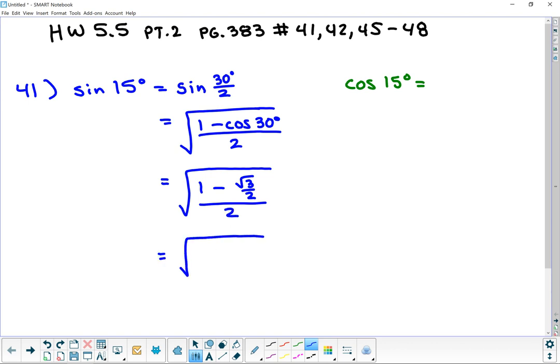Get a common denominator, so put a 1 underneath the 1 and multiply both top and bottom by 2. And you will get 2 over 2 minus radical 3 over 2 over 2, which would get you 2 minus radical 3 over 2 over 2.